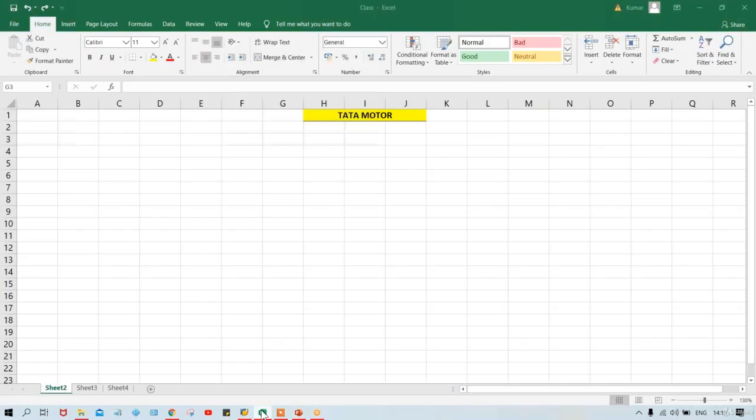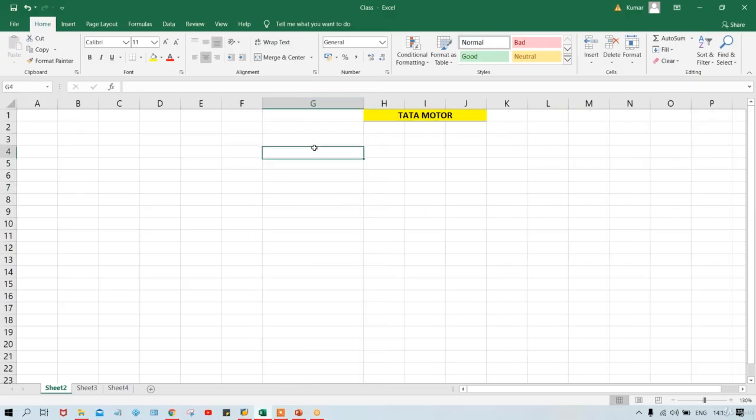First of all, why GL settings? What is the need for these GL settings? I'll tell you now. Why are we going to implement SAP in Tata Motors? Of course, it's an ERP which is going to help them manage all their financial transactions. With the help of SAP, they are going to post multiple transactions.